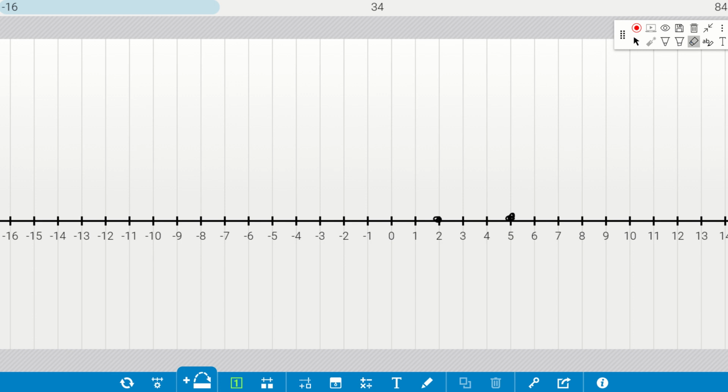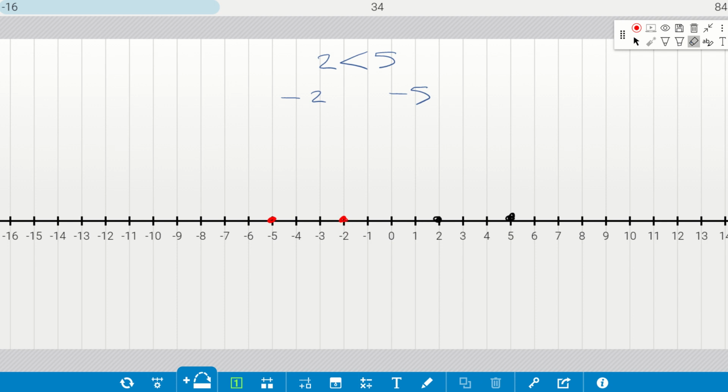We know that 2 is less than 5. We multiply both sides by -1. We get -2 and -5. Now, have a look at -2 and -5 over here on the left side of 0. We have -5 there and -2 there.